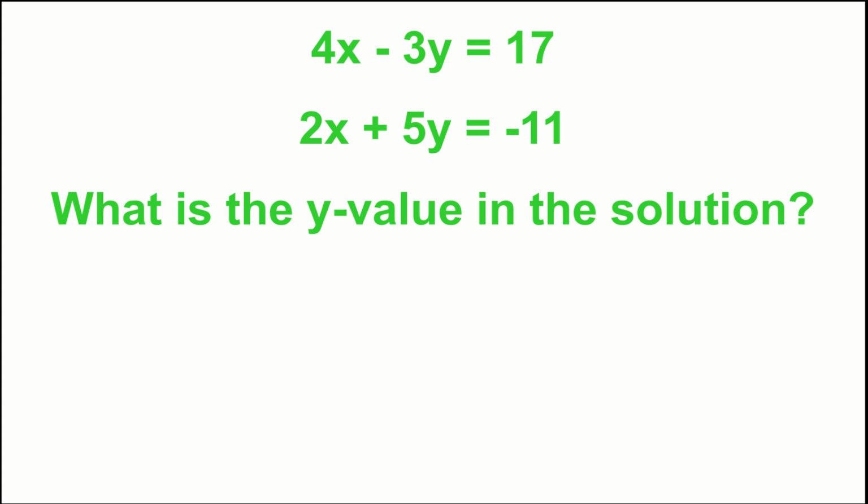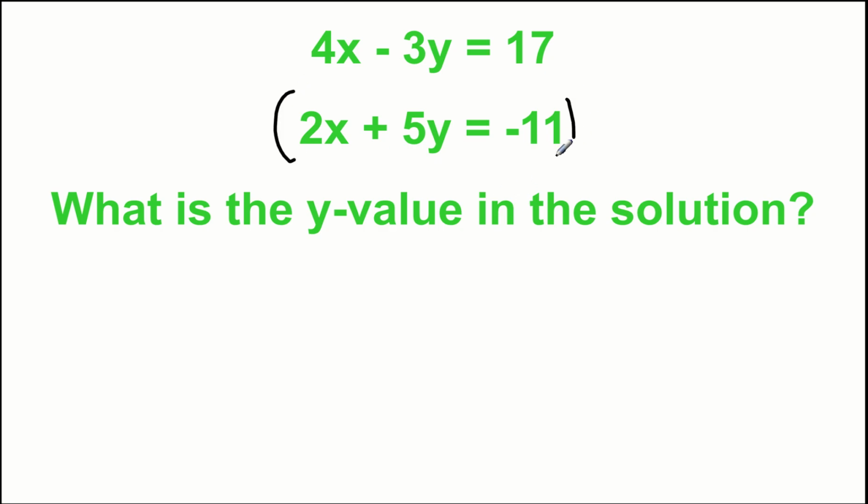Levi, -3 is correct. We were making mistakes with our negatives, okay? So the easy one to cancel out is going to be the x. Also, that helps because we're solving for y, right?